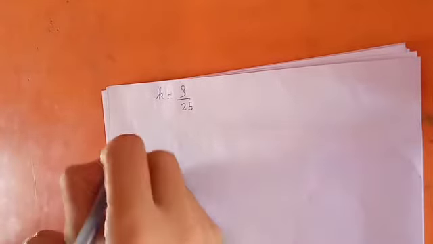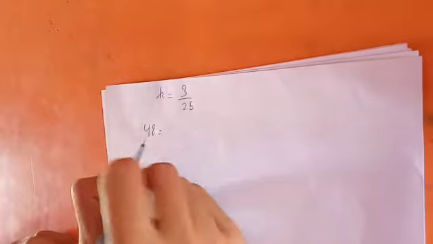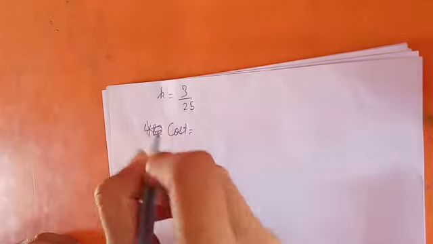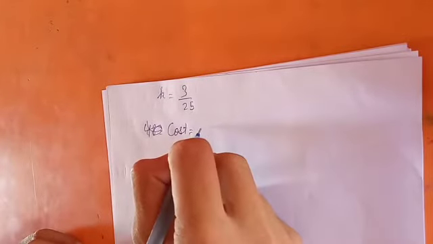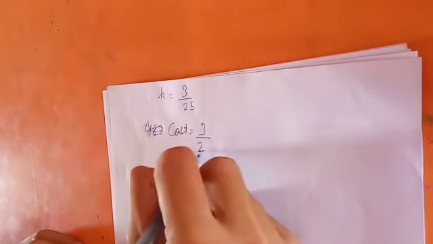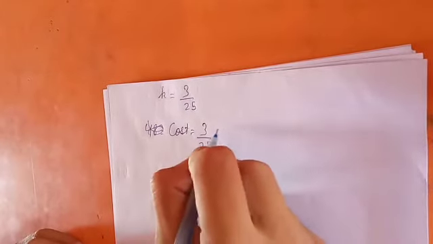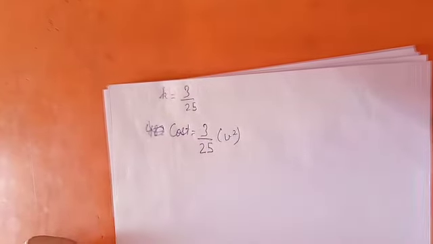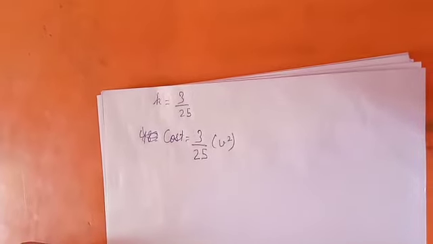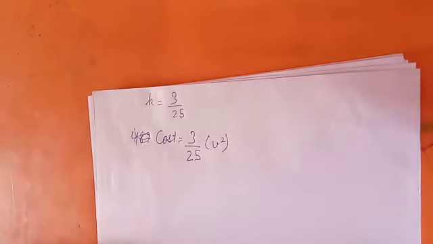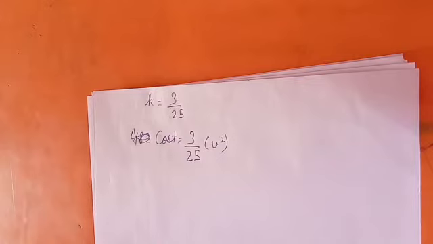Okay, so we get cost equal to k, value of k is 3 by 25, into v square. Understood till here? We have found the value of k till now.